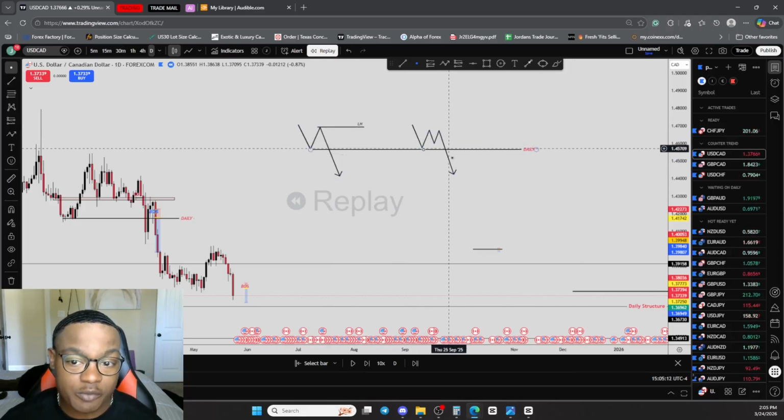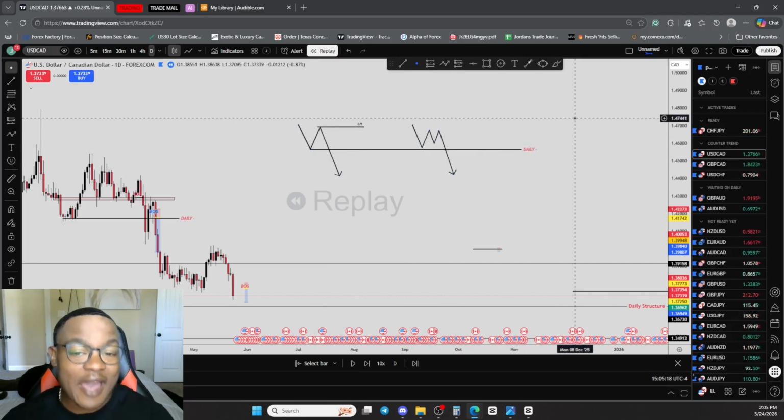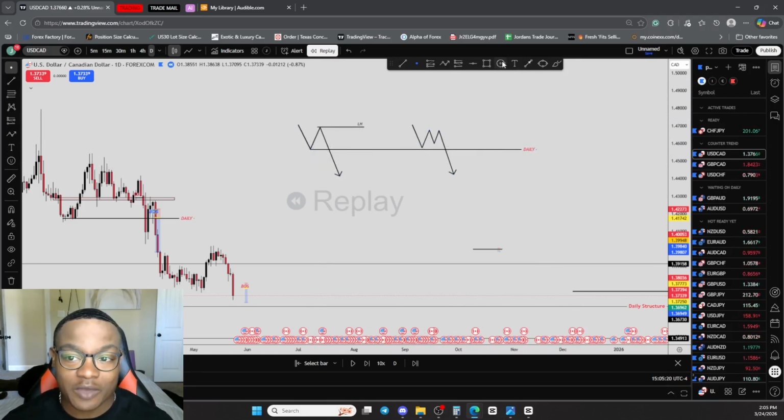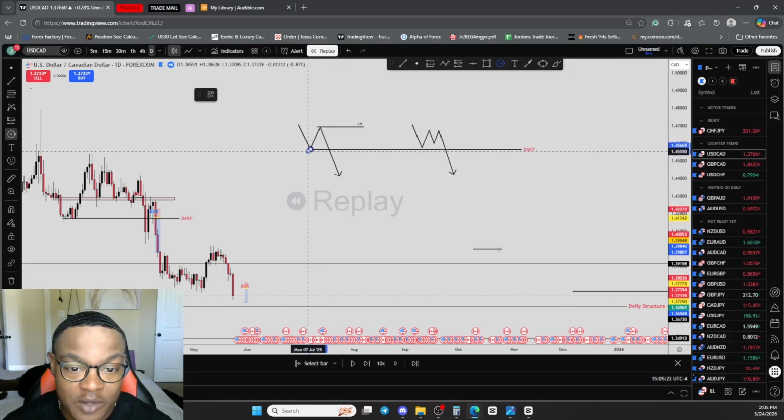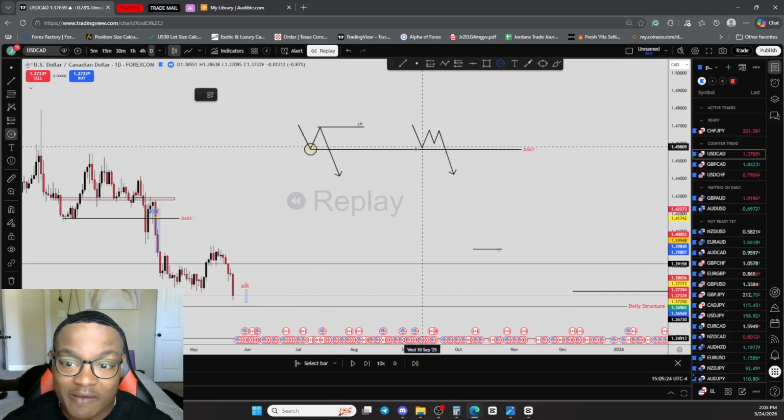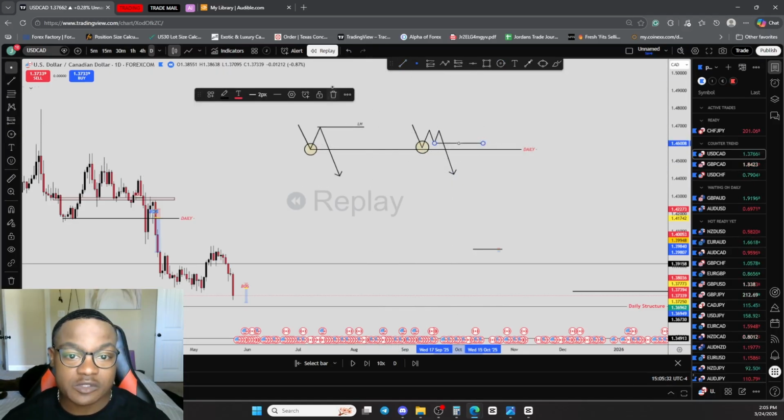But as long as we're performing the break of structure and the break of structure is happening at the same time, I am a-okay. We have the daily break of structure happening here, and then we have our 4-hour break of structure happening here. But we have the last break of structure on the 4-hour time frame being here, which is going to make sense in a minute. I'm not going to jump into that right now, but I'm just showing y'all what I mean by being in sync.